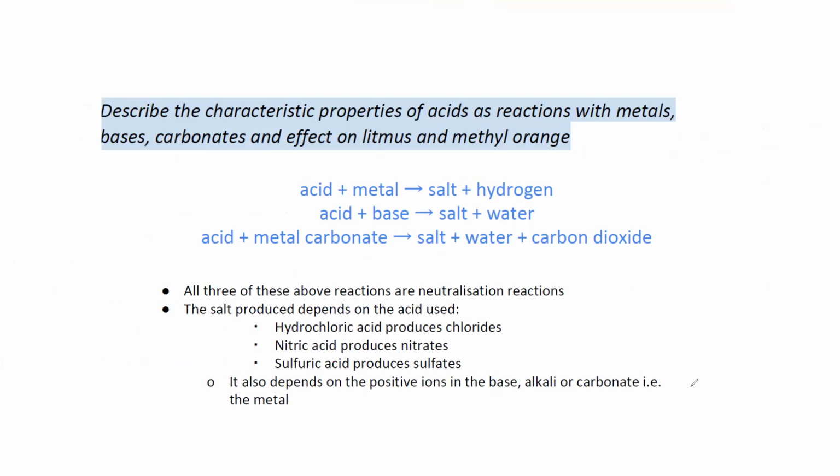So whenever any acid reacts with metal, what will be the result for acid plus metal? This will result in the formation of salt and hydrogen. So if any acid is reacting with metal, that will result in the formation of salt and hydrogen.